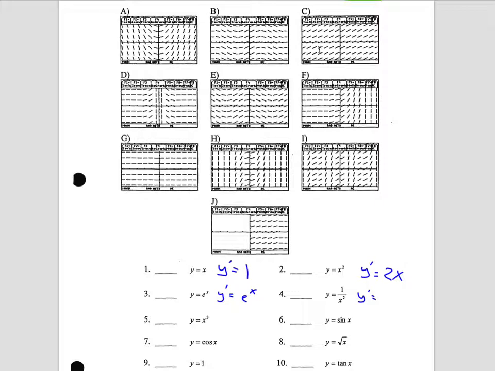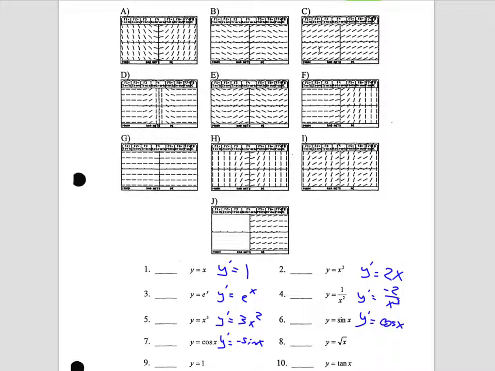Negative 2 over x cubed. Derivative of x cubed. 3x squared. Derivative of sine. Cosine. Derivative of cosine. Negative sine.